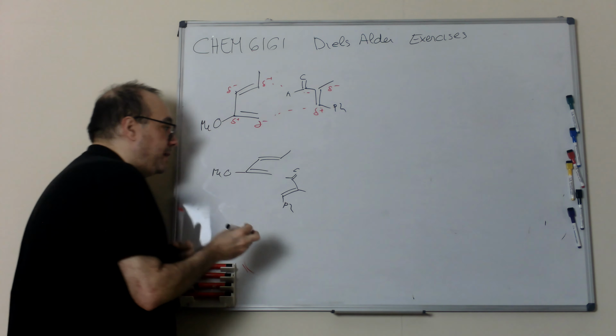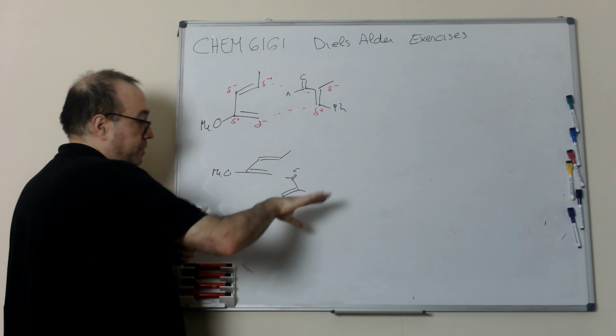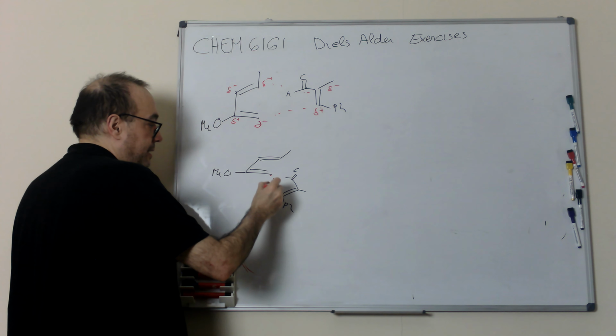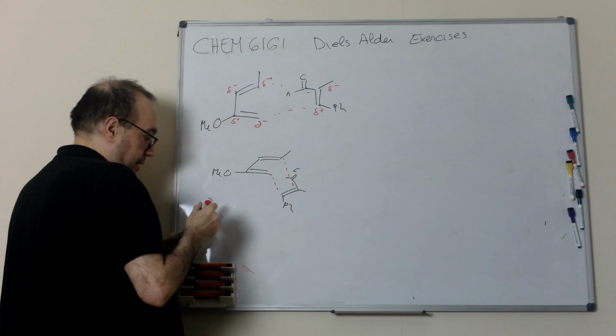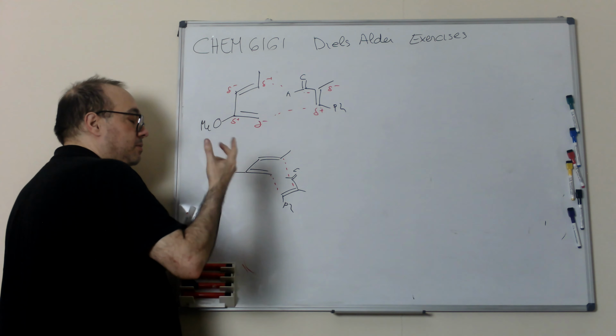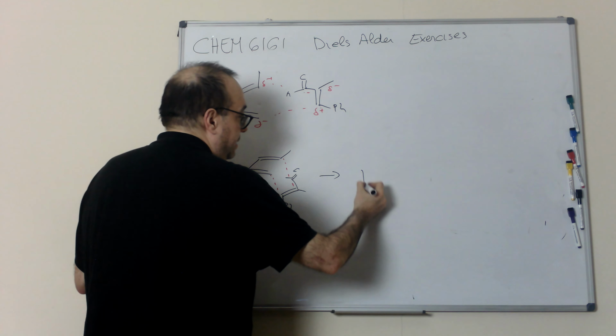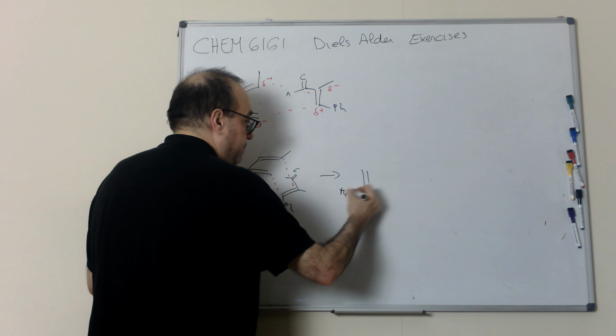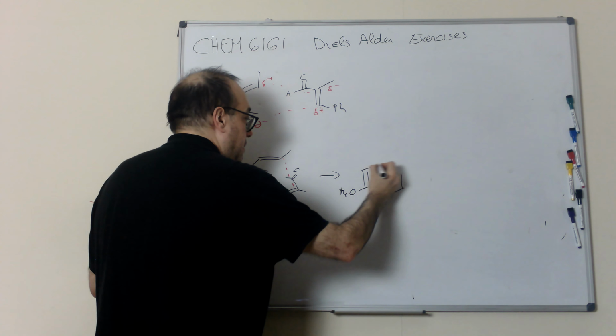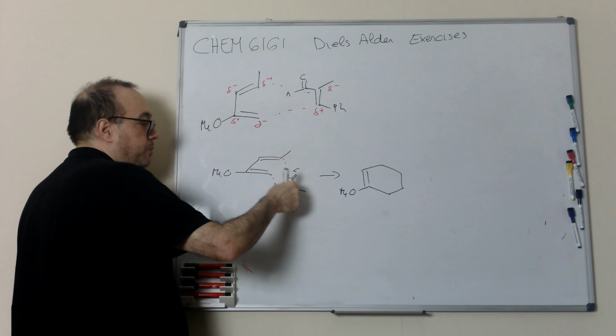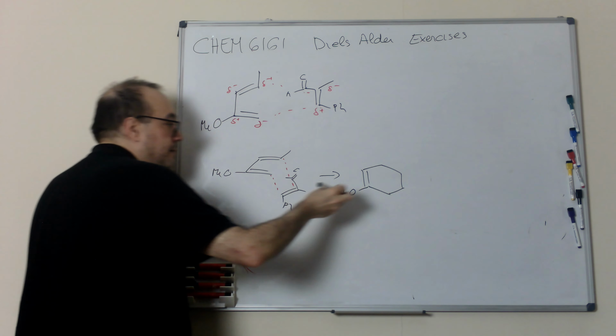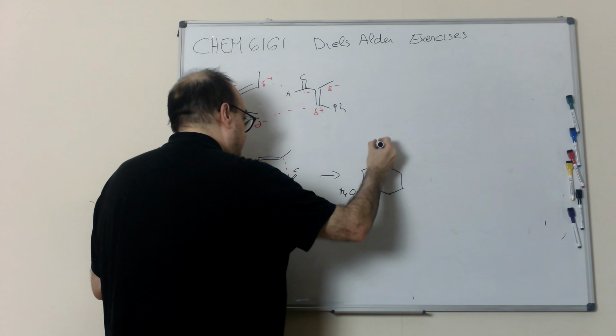Okay, and what I get, I put that the approach is from the bottom, it's not chiral, that means that I can do bottom or top without any difference. I will only get a different enantiomer, and then I draw the final product. If I am forming this bond from behind, the methyl is going inside.